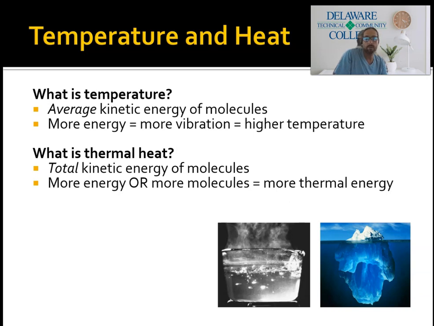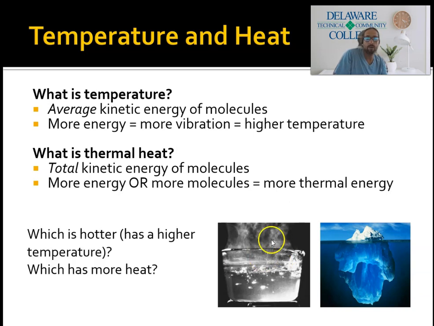And I'll give you a good example of that here. If you look at the bottom right, we'll call this a gallon of boiling water, so it's about 212 degrees, and then a giant iceberg, which is about 32 degrees. So if you think about it, which of these has a higher temperature? It's obvious. The boiling water, way hotter, close to 200 degrees hotter than the ice.